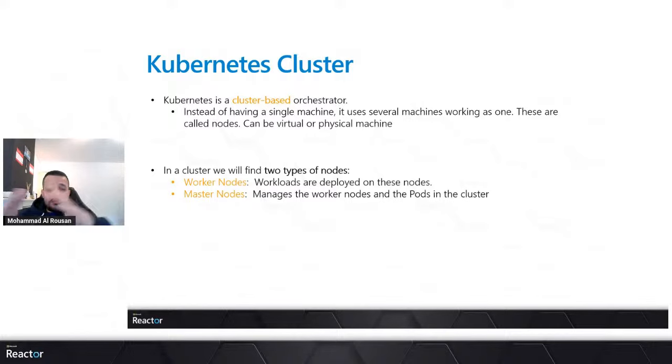While the worker node is responsible only for running a set of containers, your workload. So your workload will run on the worker node. Each worker node has several containers with different applications deployed on it. And depending on how the workload is distributed, we might have a different number of containers on each worker node.